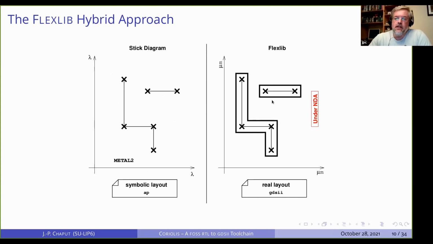The idea here is not to have to redesign the standard cell library each time you change technology. You design the library once, like a stick diagram, and then you just map it to the technology you want. So you save a tremendous amount of manpower. So this is the third approach. And unfortunately, the result of FlexLib is still under NDA.